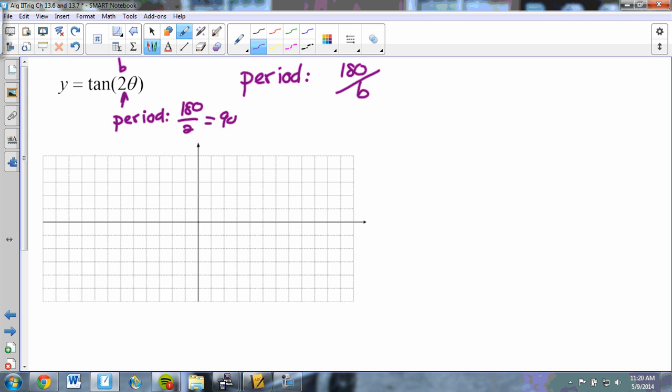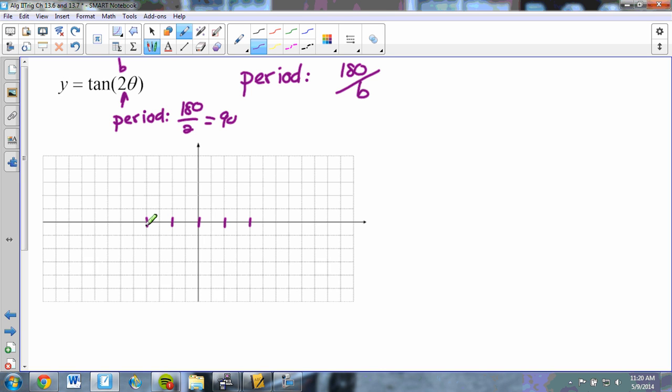Now here's where tangent is different than sine and cosine. With sine and cosine, I would start at 0, and I'd go out 1, 2, 3, 4. With tangent, instead of starting at 0, everything's going to be centered at 0, and I'll go 2 to the right and 2 to the left. Everything is centered around 0.